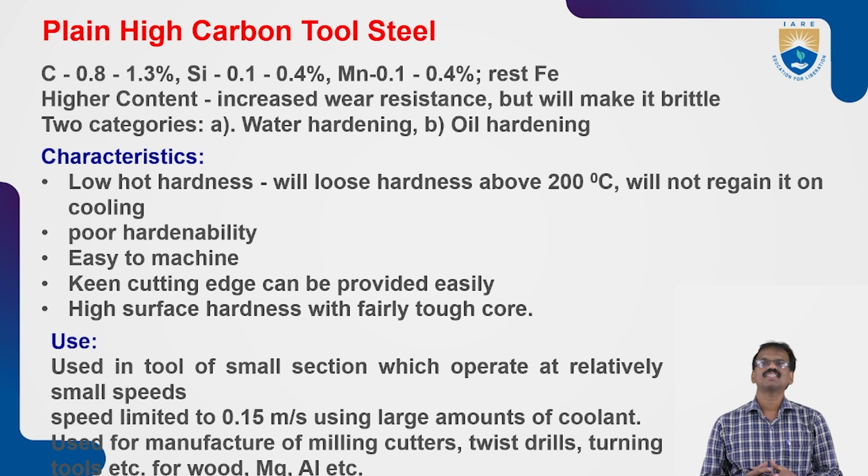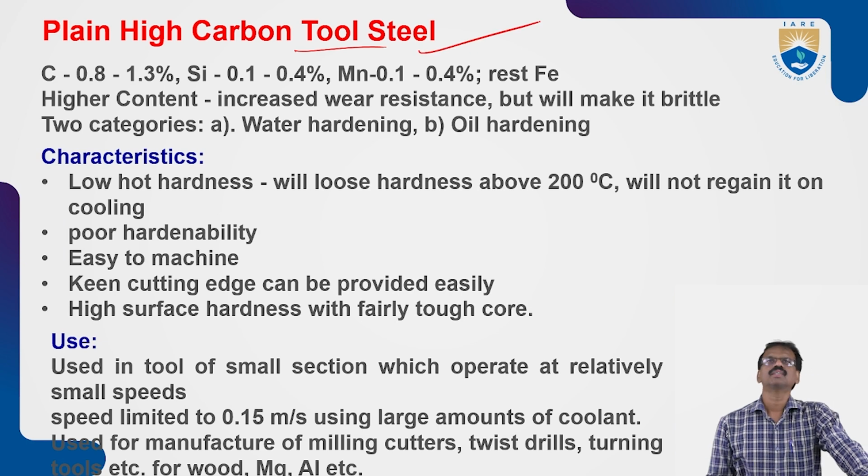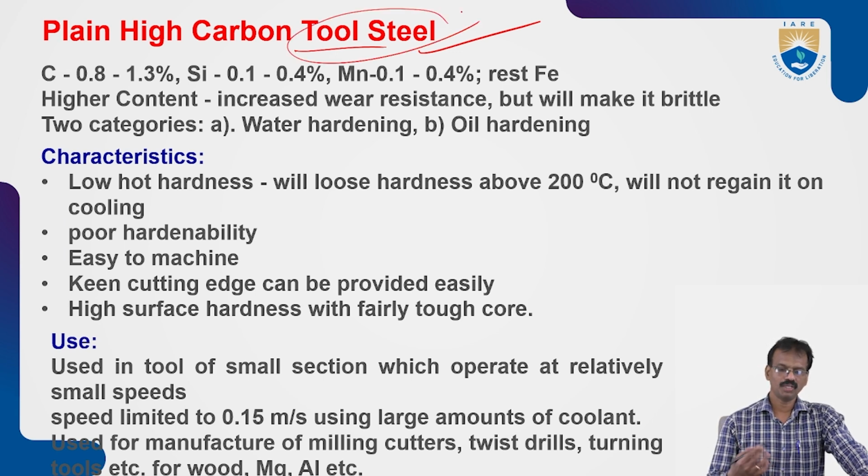Now we'll see what are the different types of cutting tools. The first one we'll see is plain carbon tool steel. It is a very common cutting tool material, because this type of cutting tool is very cheap compared to others. You know that carbon steel is the cheapest material compared to others.